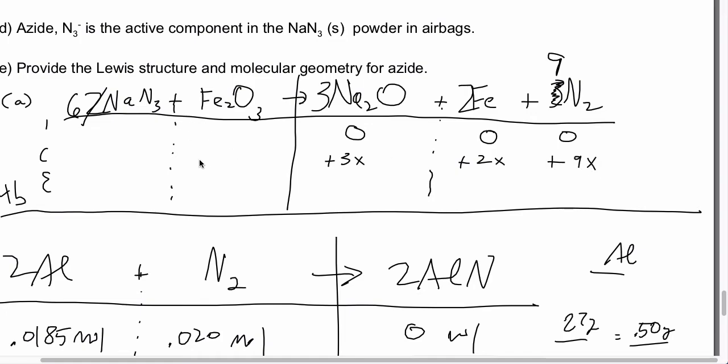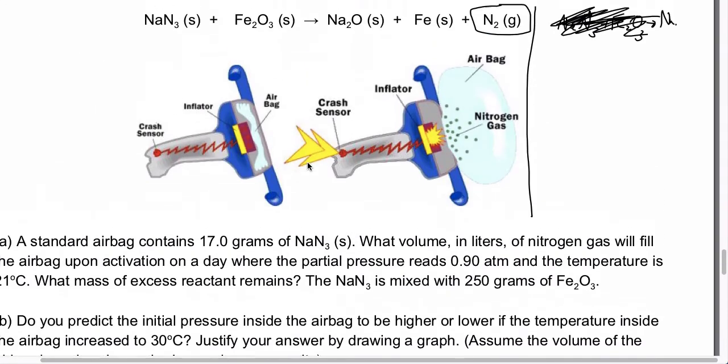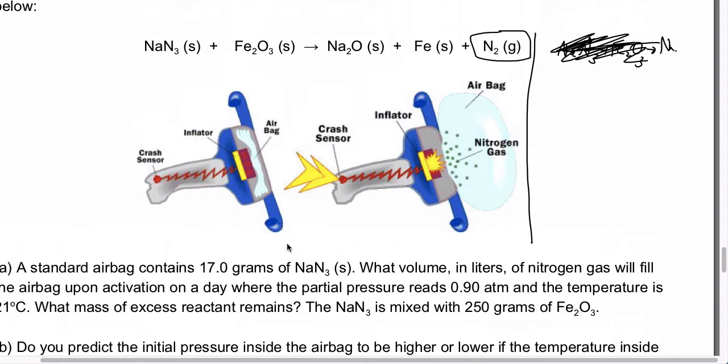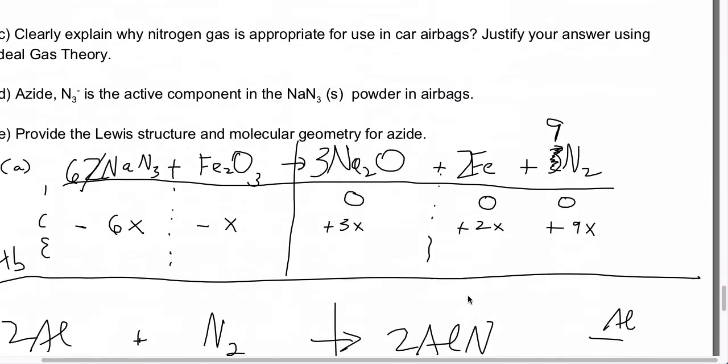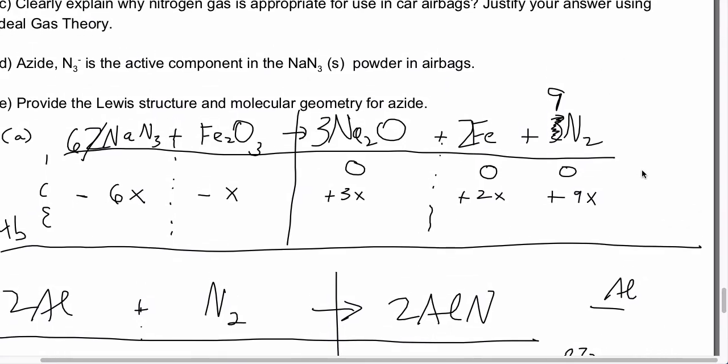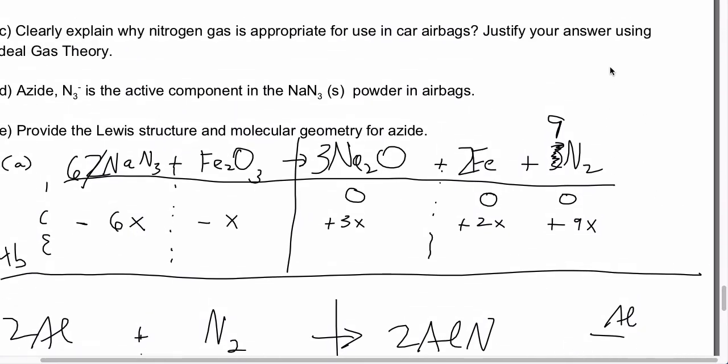This is going to be something minus x, and this is going to be something minus 6x. And, okay, it contains 17 grams of NaN3 and 250 grams of Fe2O3. So we have 17 grams of NaN3. So let's do the NaN3 first.